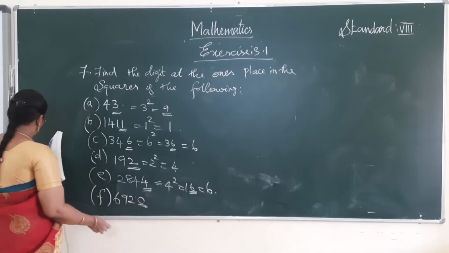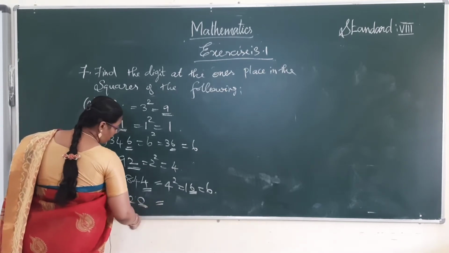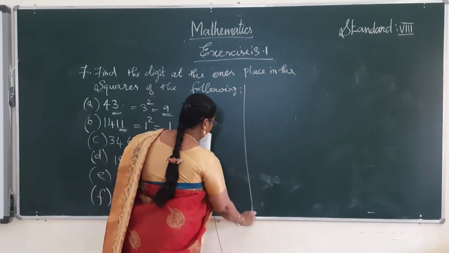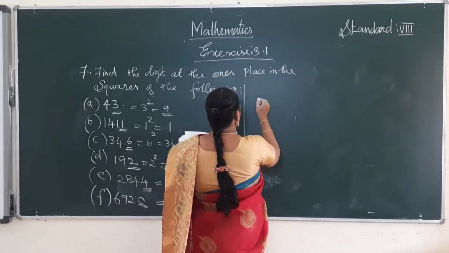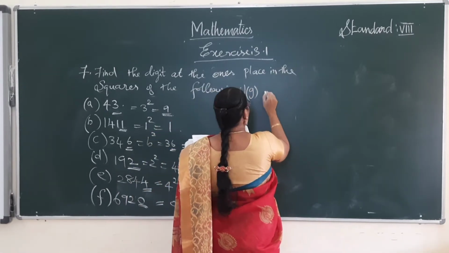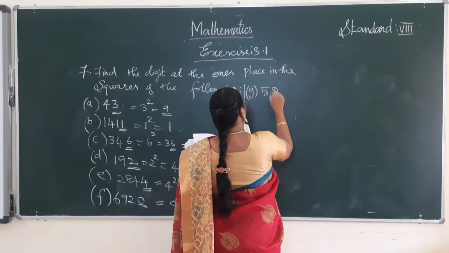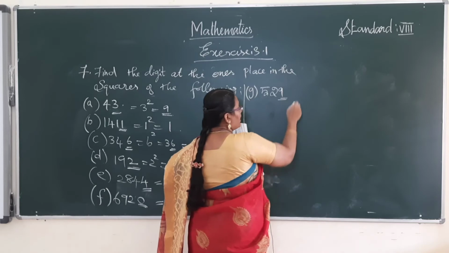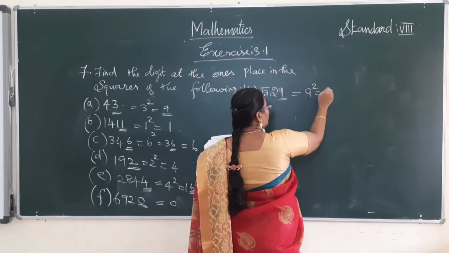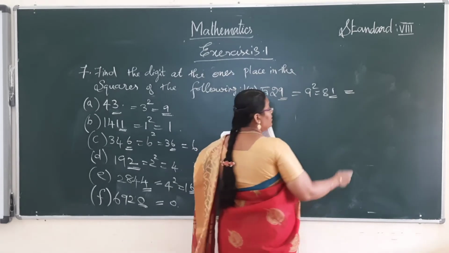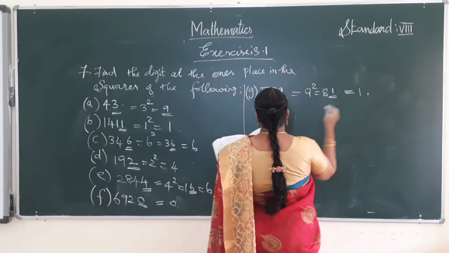The ones place is 0, so the square also ends in 0. G, 29. The ones place is 9. 9 squared is 81, so the ones place of the square is 1.